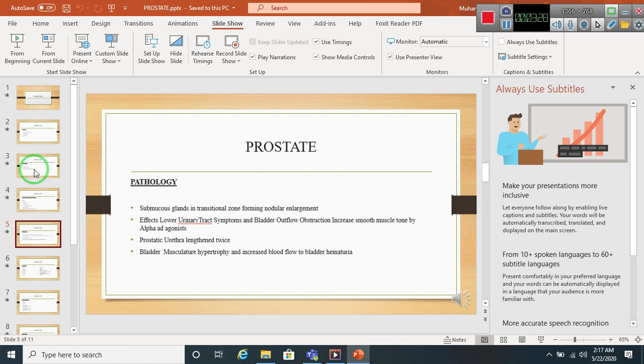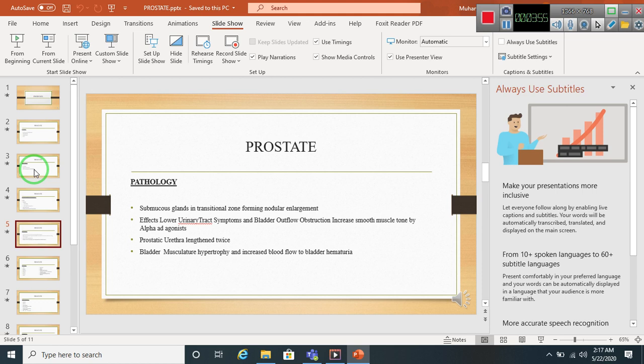Pathology: submucous glands in the transitional zone forming nodular enlargement. There is a nodule formed in the prostate gland, which we can see on per rectal examination. When a patient comes to us with retention of urine or decreased urine or such symptoms, then we do the PR examination.